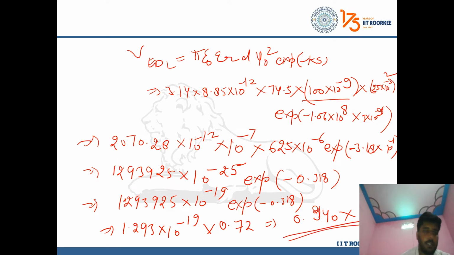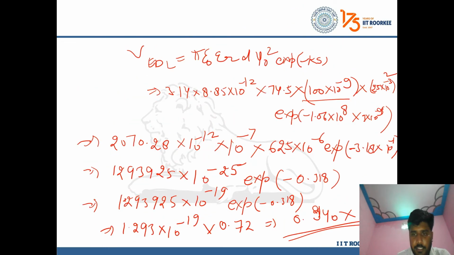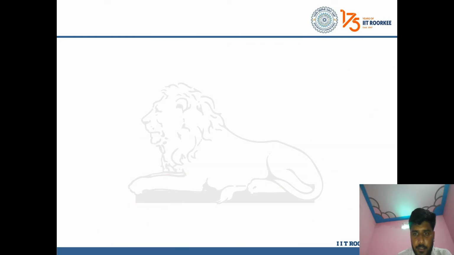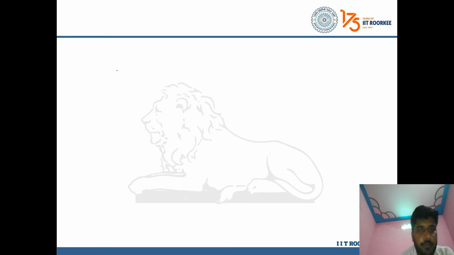Okay, so this will be the final value, but you have to express your answer in units of thermal energy, and you have to take the value of temperature as 300 Kelvin. So let me convert it. It will be 0.940 10 raised to minus 19 and divide by kBT.